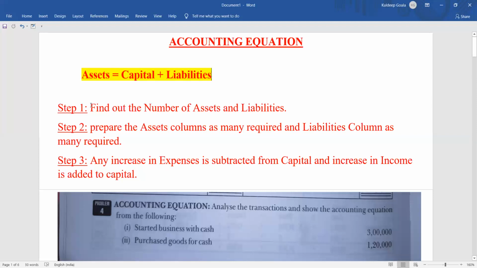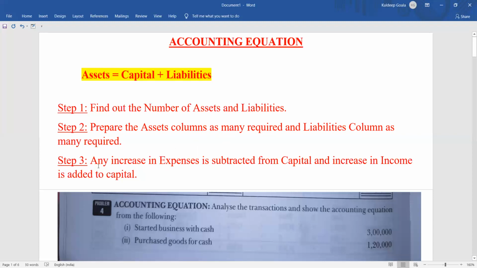So the first thing is to find out the number of assets and liabilities in the question. Then prepare the asset columns as many as required and the liabilities columns as many as required. Okay, and we will proceed. Clear?